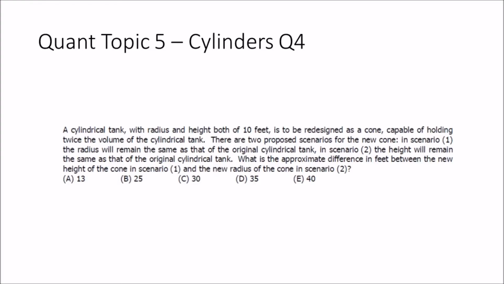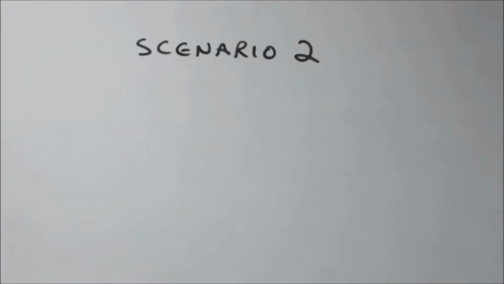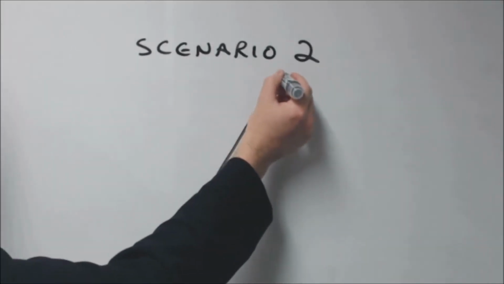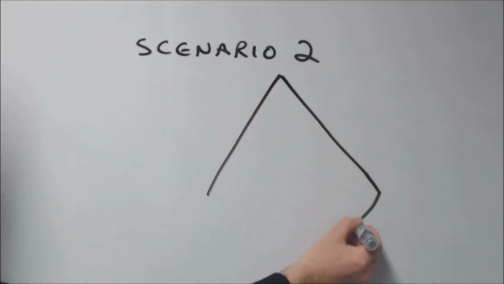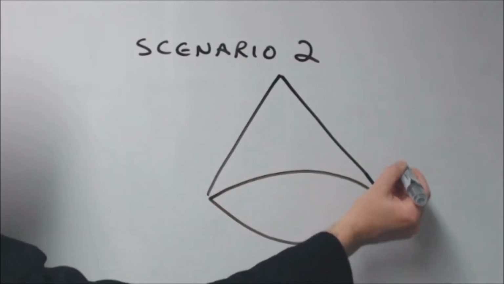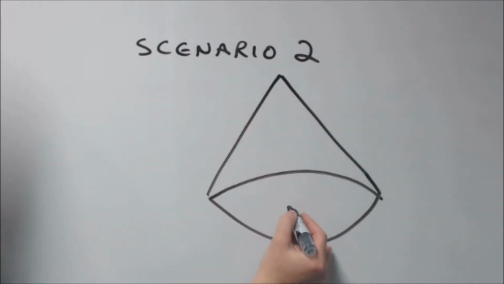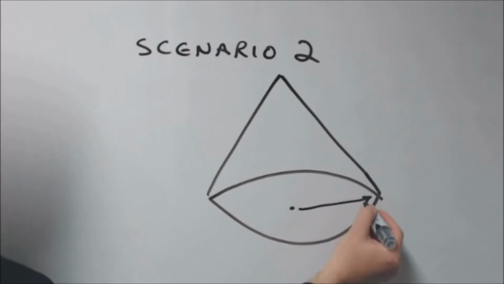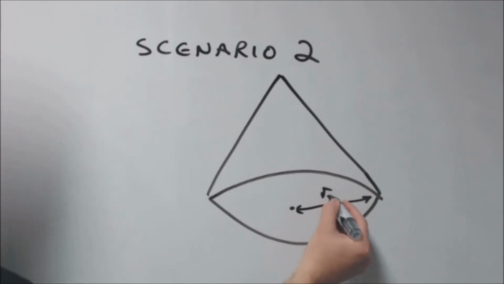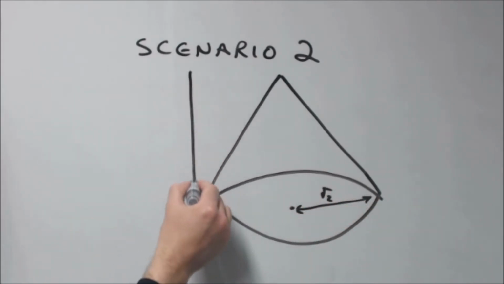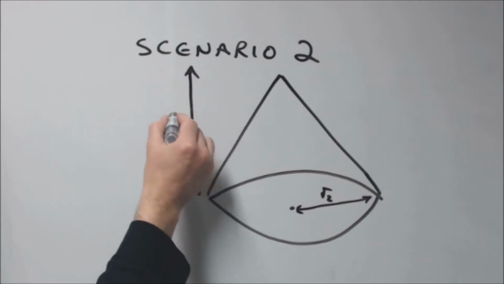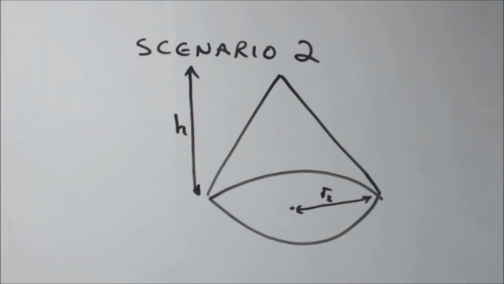Scenario 2, again, we're dealing with the original volume of 2000 pi, but this time we've got a slightly different setup. This time the height will be 10, so we're going to draw the upside down ice cream cone and put in the information, the radius this time of the base being R2, which we know is going to be the second variable, and the height, H2 if you want, is 10.